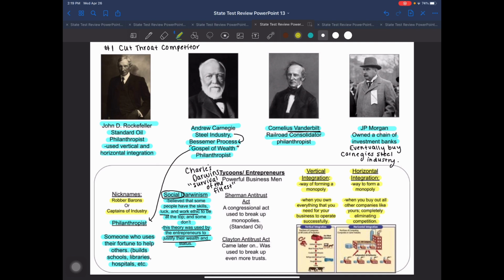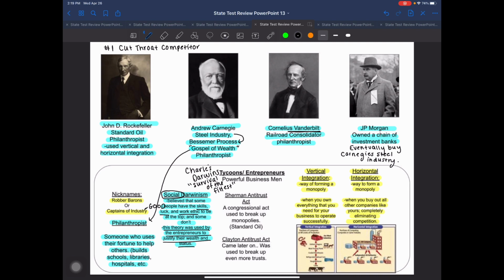Some people looked at these men as being successful, as doing great things, as building American industry and boosting the American economy, and they would call these guys a captain of industry. But if you were one of those companies that Rockefeller had eliminated and bought out, and nearly made you go bankrupt, you probably didn't have the same perspective.